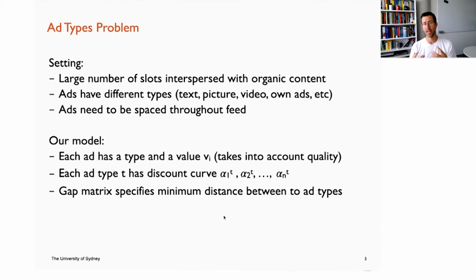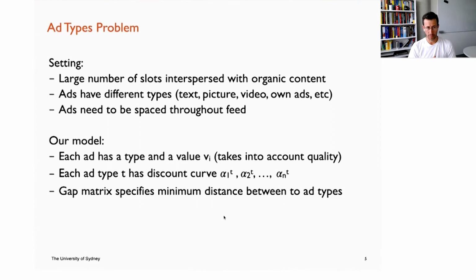We also have organic ads that promote features of the platform or public service calls for action, or to bring awareness of things that are going on, etc. So there are different types of ads. And we want to have at the top the profitable slots, right? So those are the ones that people are going to click through most likely. But we want them spaced throughout the feed.